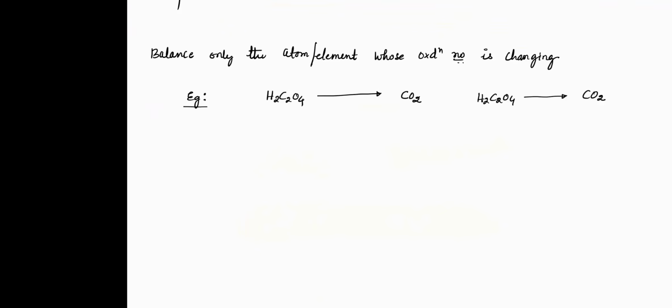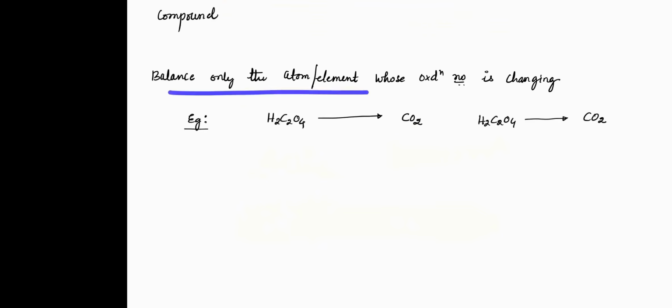Check this out. When you have H2C2O4 converting into CO2, this is how it has been given. In that case, check what the charge is for the two carbons here, because I need to check for 1 mole of the reactant.